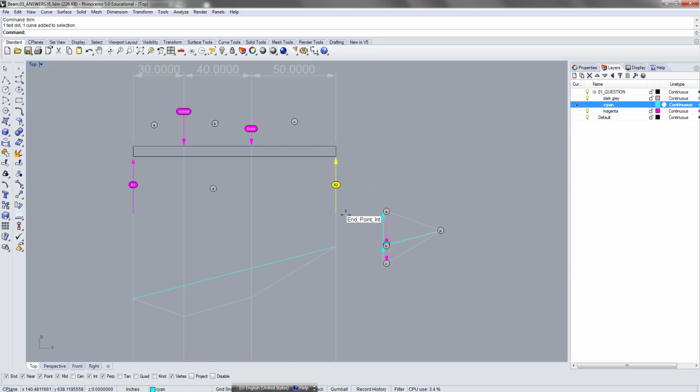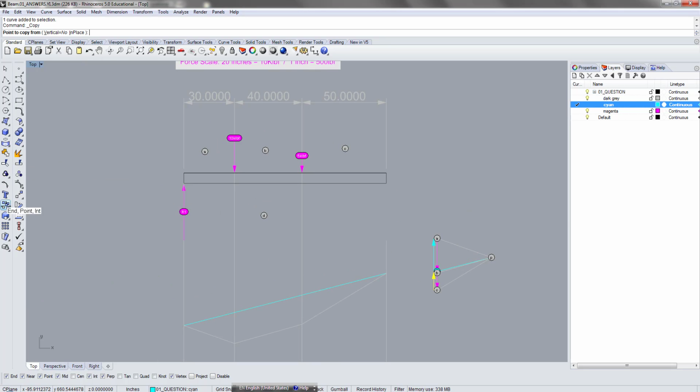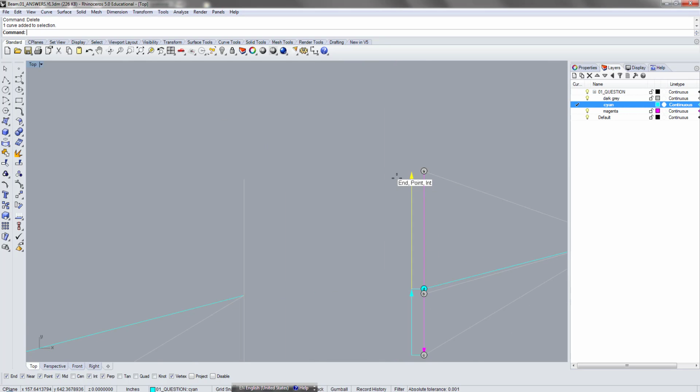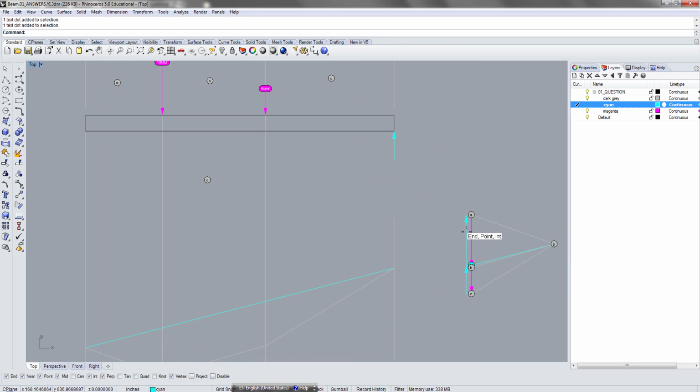So this part that's called CD, that would be the one on the bottom because it's starting from point C and ending at point D. And then the next one, the reaction on the left side would be this one because it's going from D to A, if you follow that clockwise. So then you get these two as a reaction.